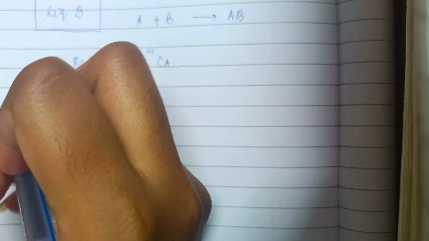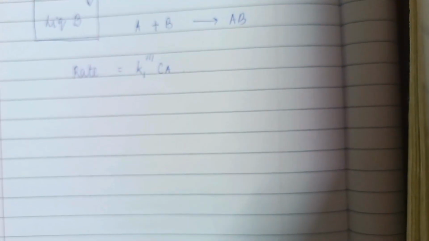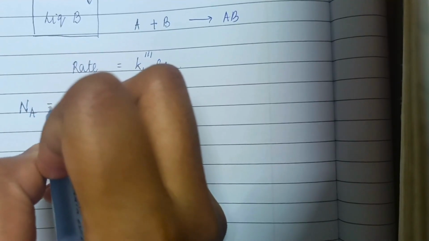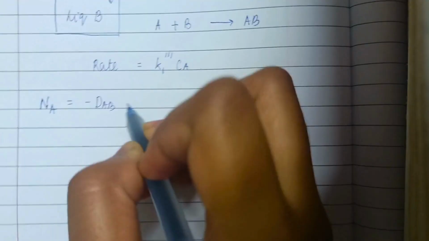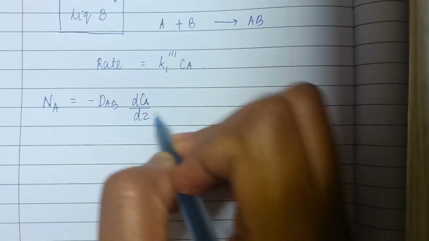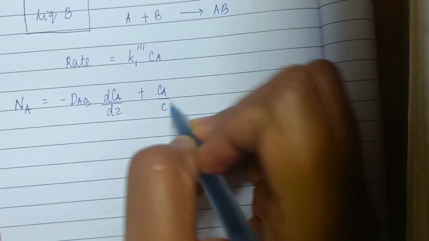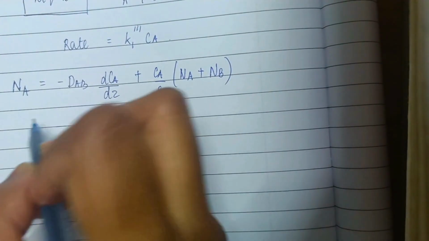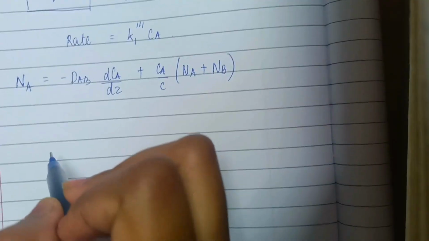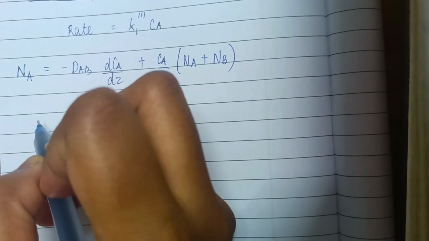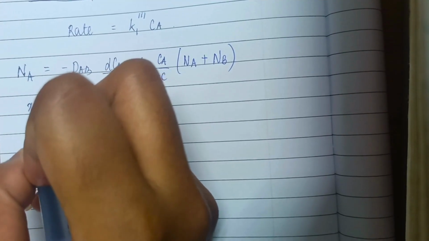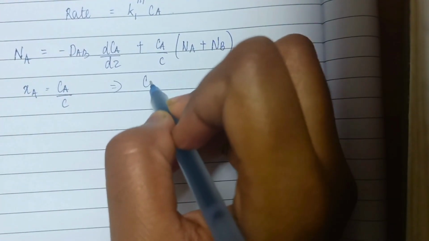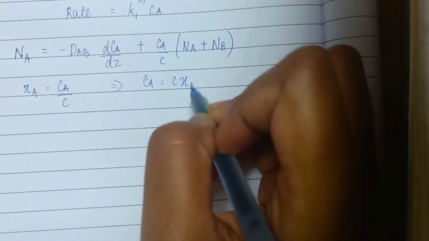As we have derived earlier, the molecular flux for a binary system can be written as NA is equal to minus DAB dCA by dZ plus CA by C into NA plus NB. We can now write this equation in terms of molar fraction, which is XA is equal to CA by C, or CA is equal to C into XA.